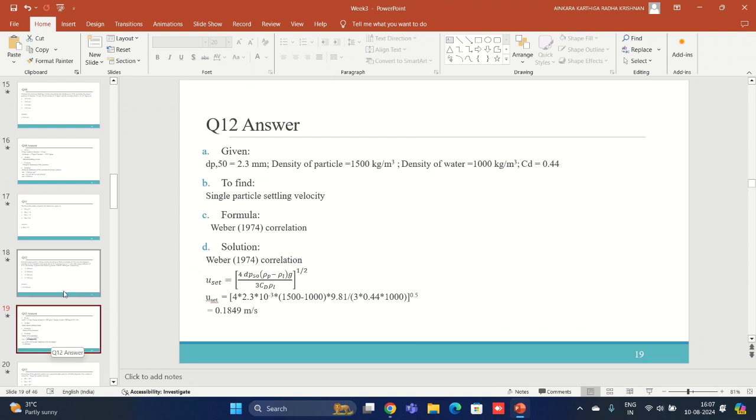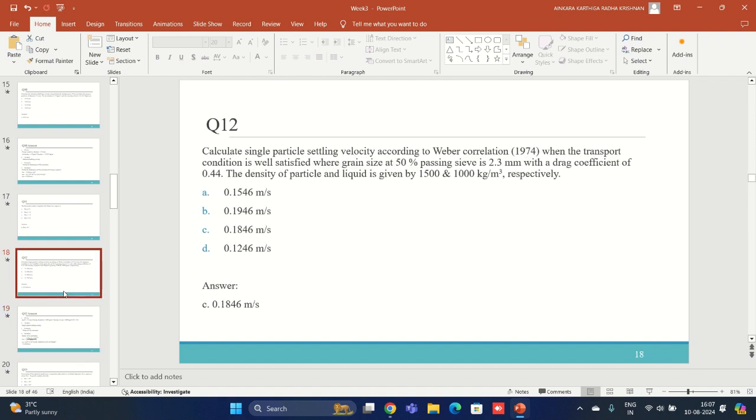So how did we find the answer? Let us go through the question once again. We are asked to calculate the single particle settling velocity according to the Weber correlation 1974 when the transport condition is well satisfied, where the grain size at 50% passing is 2.3 mm with a drag coefficient of 0.44.